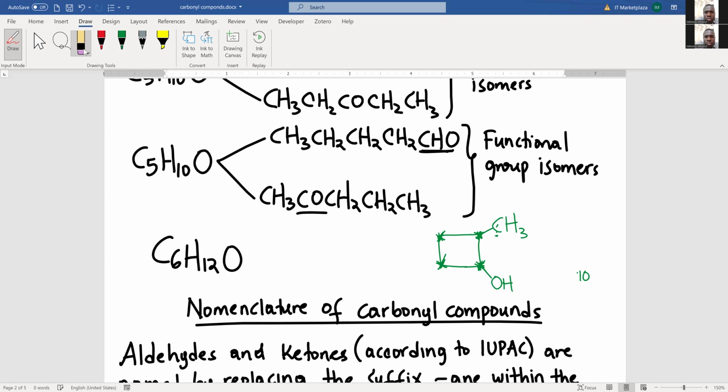Let me count them again. Counting them again, I start with the carbon atoms. The carbon atoms are 5. If you count them, there are 5 carbon atoms. So this is 1, 2, 3, 4, 5.